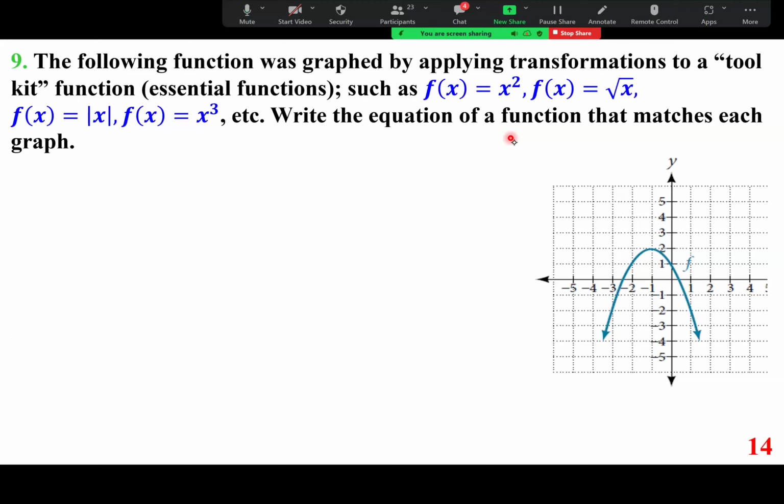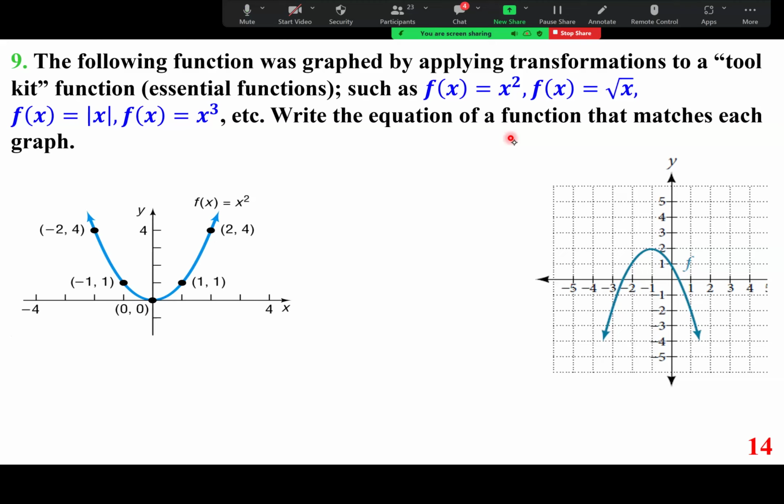So clearly, we know this parabola y equals x squared or f of x equals x squared. So there has been some sort of a transformation to get this. So obviously the vertex is 0, 0, but this one is located at -1, +2.